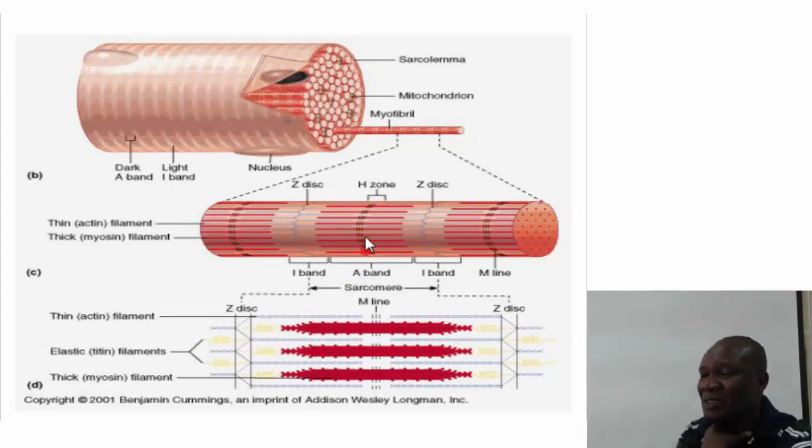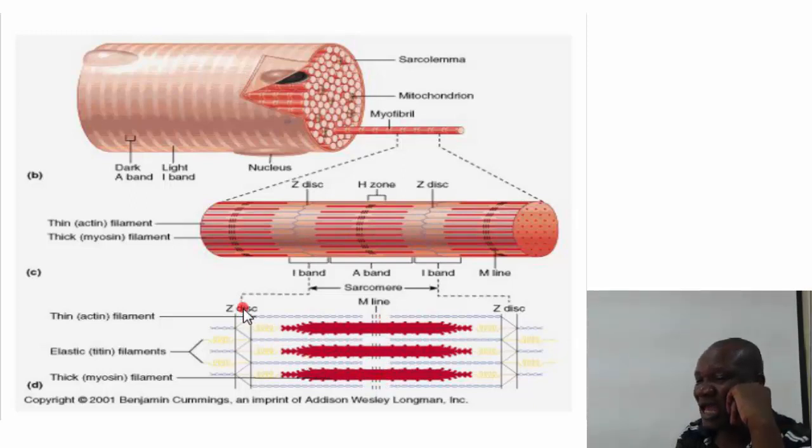And within the A band, there's a lighter portion, which is the H zone. And within the H zone, there is a darker line called the M line. The M line holds adjacent thick filaments together.